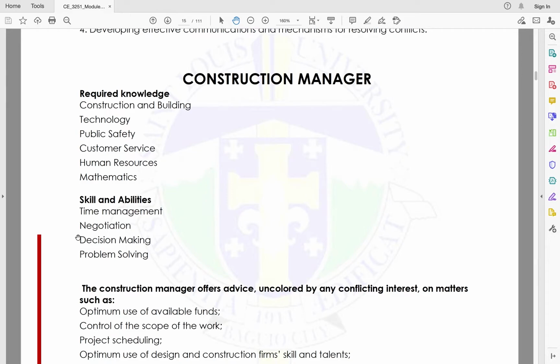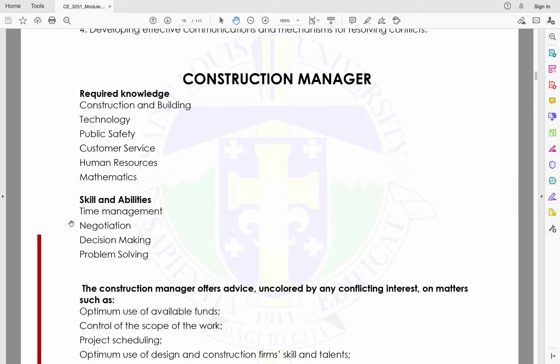Okay, and you should have also a good skill and abilities in negotiating. Take note, in the industry, you are not the only skilled person out there. Okay, so if there will be, for example, a project bidding, you should know how to negotiate in order to get the project.